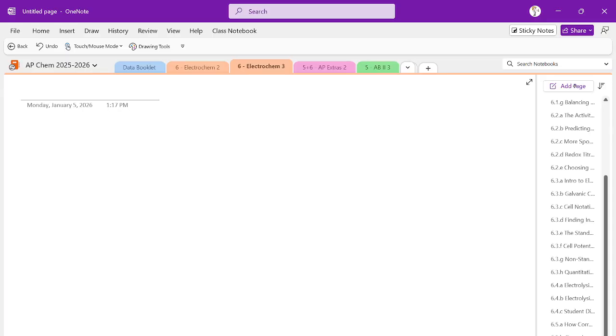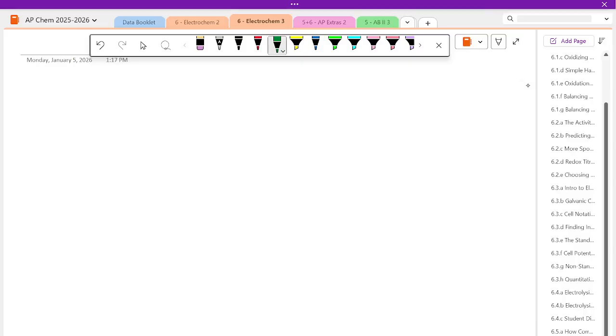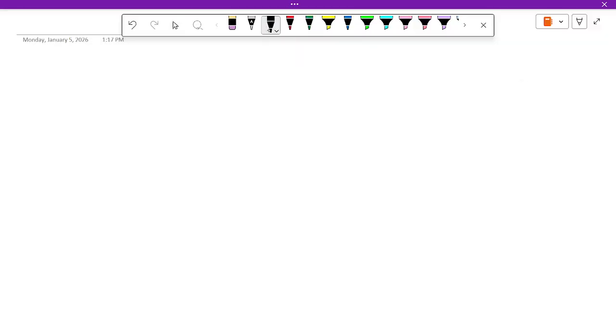So let's say that we had, if you want some paper, go help yourself. Say we had a beaker and it contained zinc sulfate. And then we had a piece of copper sitting in the zinc sulfate.